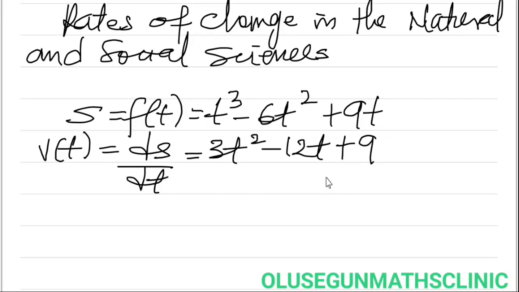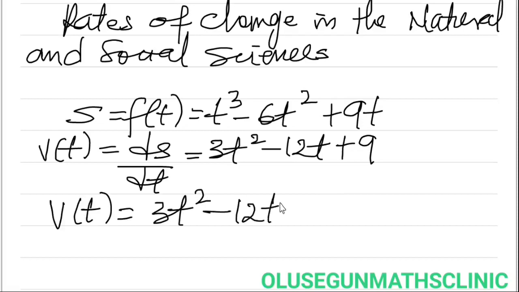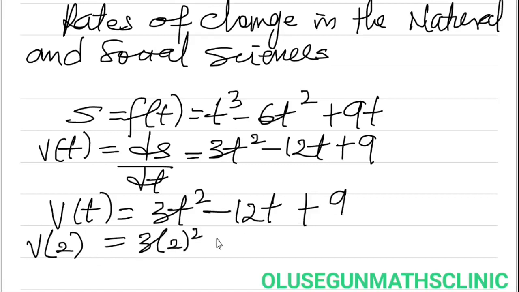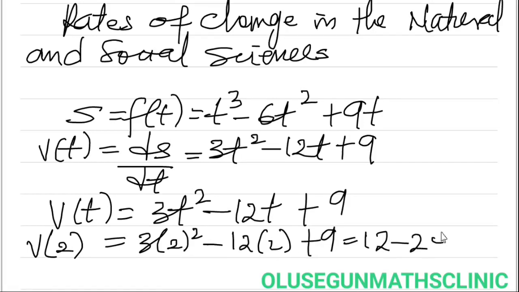Maybe you now ask, what is the velocity after 2 seconds? If our v of t is 3t squared minus 12t plus 9, then at 2 seconds we have 3 times 4, which is 12, minus 12 times 2, which is 24, plus 9.